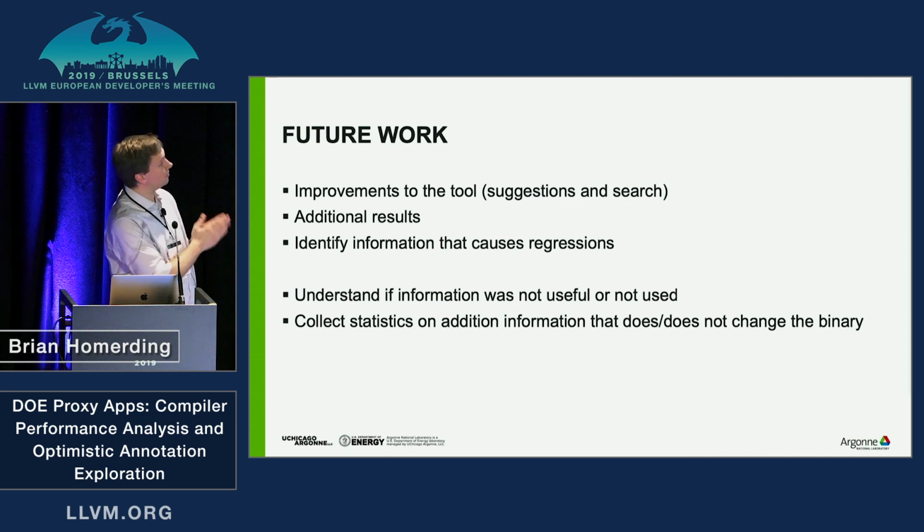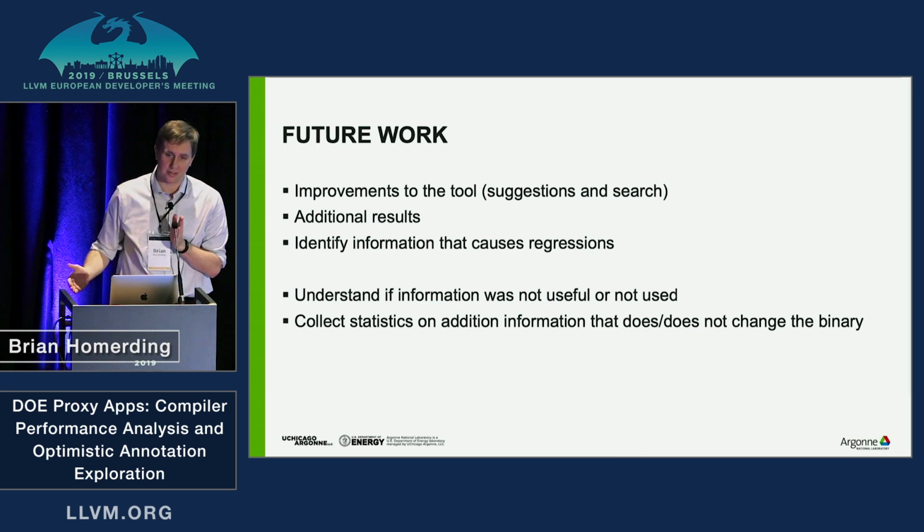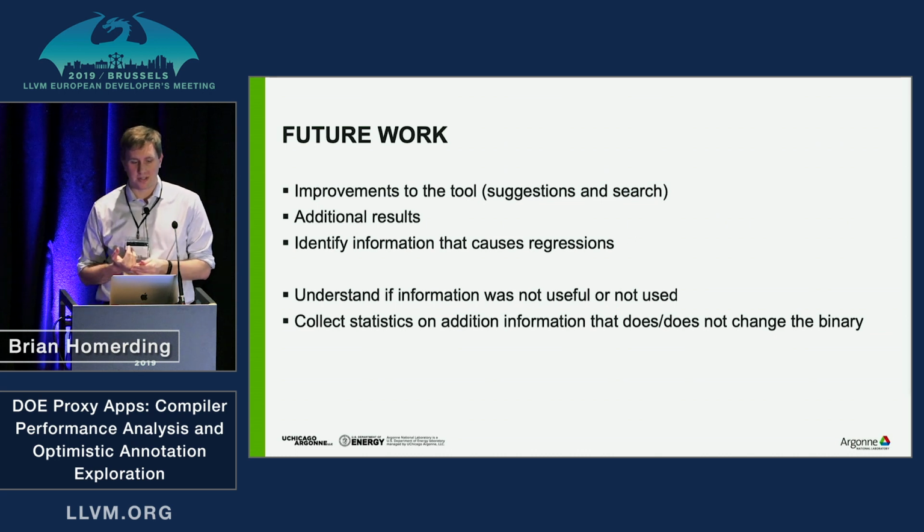We also want to switch the search to identify places where we see performance regressions, so that we can go into the compiler code and figure out which passes were enabled or disabled by that information being present.